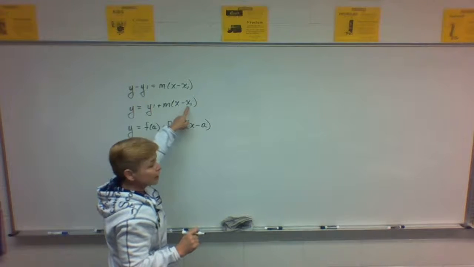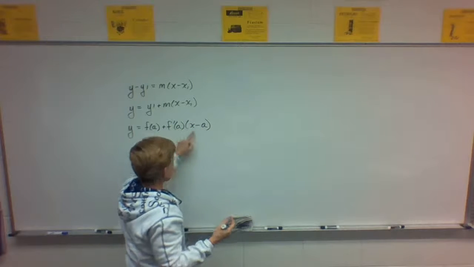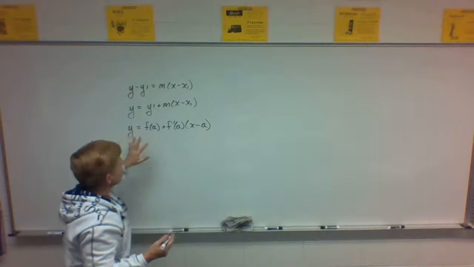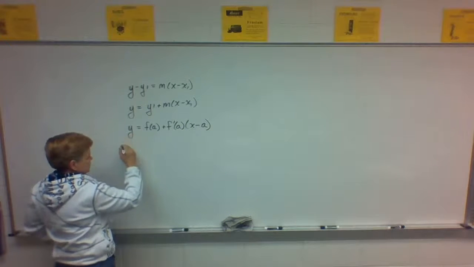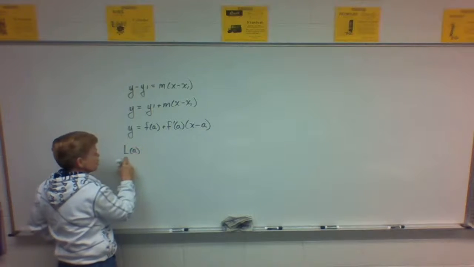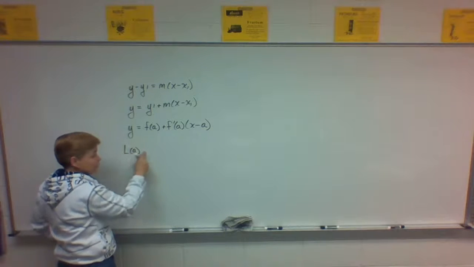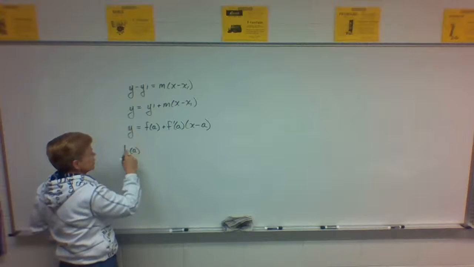And then X1, that's the X coordinate of the point, becomes A when I'm calculating this for A, right? Yeah. And so we'll just make one more change, and we'll call this Y value L of A, meaning the linearization at X equals A. The Y value that we would get for it's called a linearization at A. That's the Y value. It's L of A.